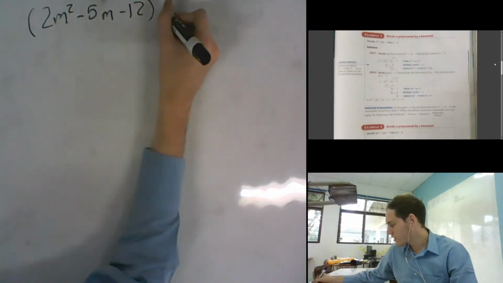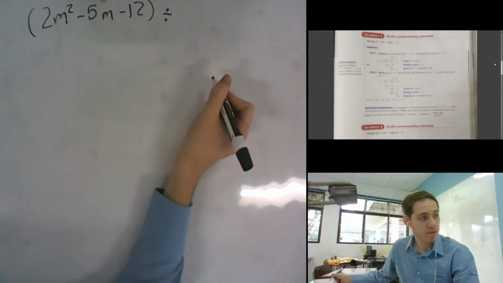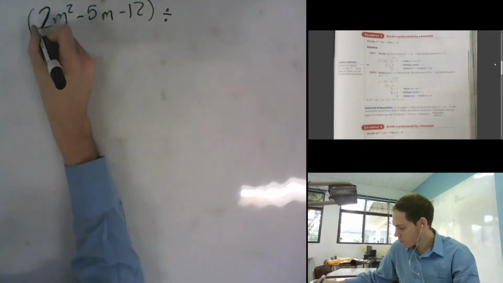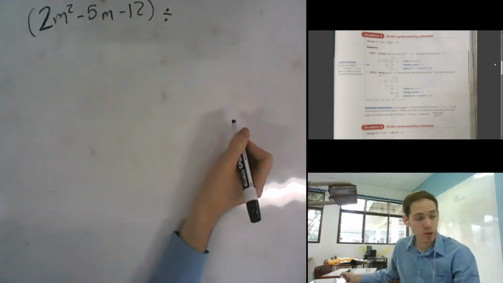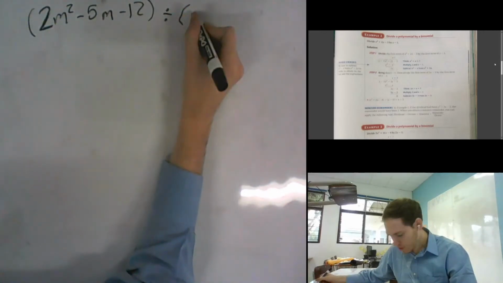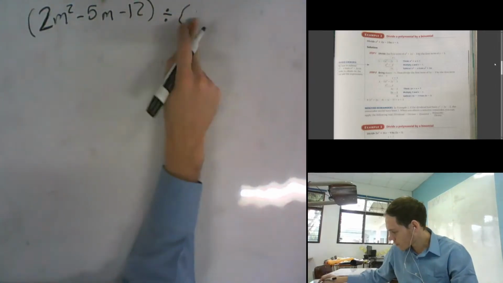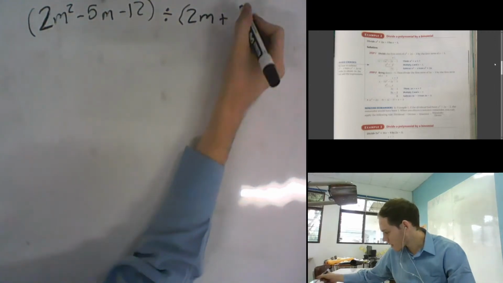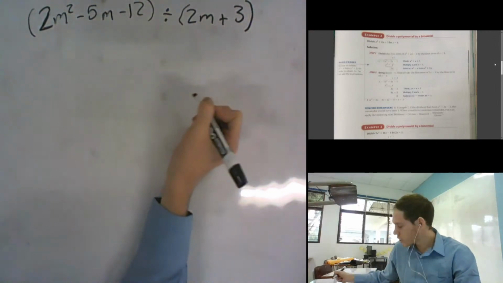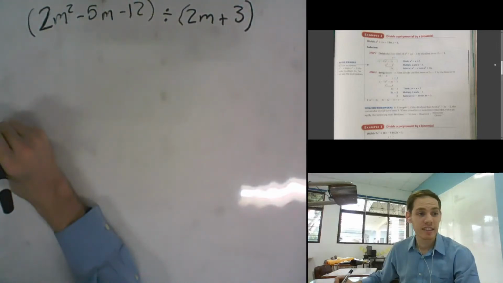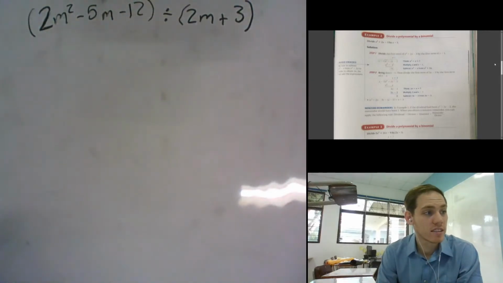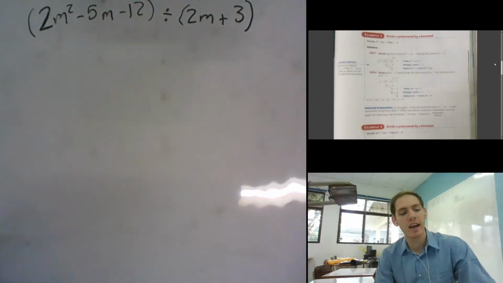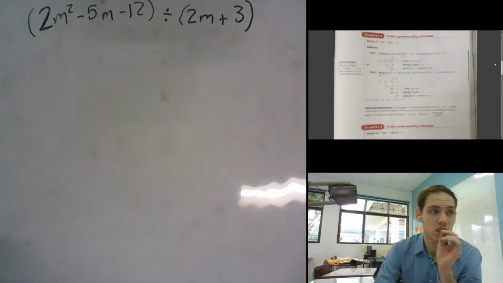That whole thing divided by, should be a 2, sorry, 2m plus 3. Now it's not the same exact thing, but it is going to not have a remainder. So if you do the math right, it shouldn't have a remainder.